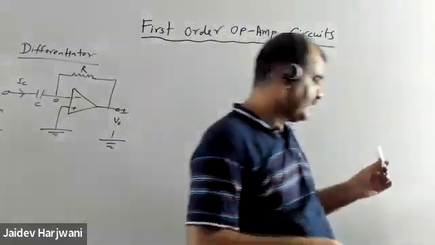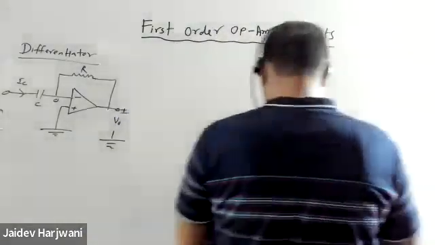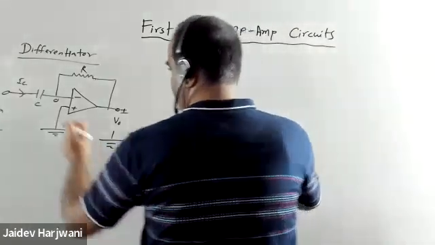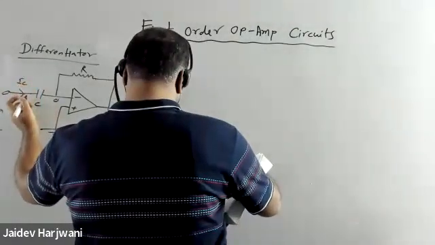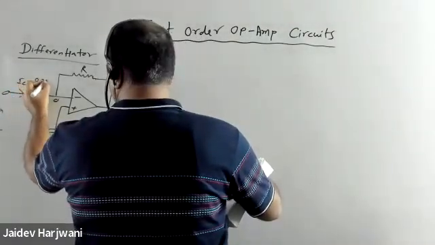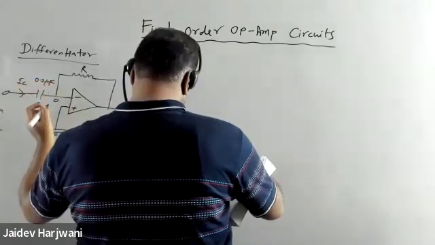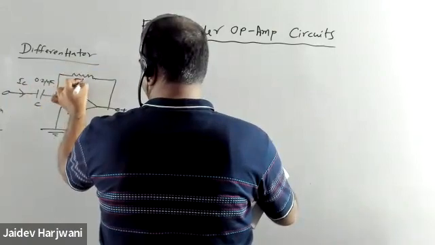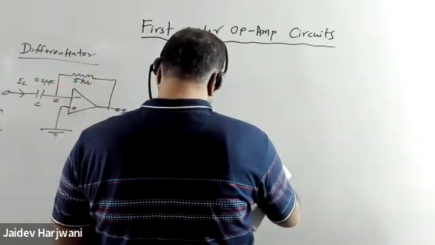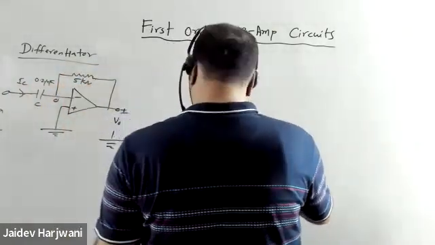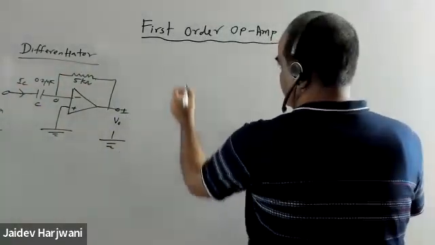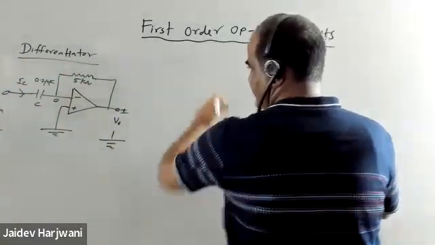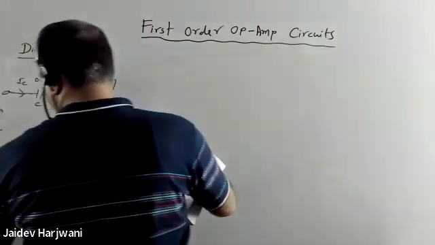Okay, sir. So now we have circuit. So C is given 0.2 microfarad. Okay, and R is given 5 kilo ohm. Okay, so we know what is the output. Output is, or now what is input first? Okay, so they have given an input wave.